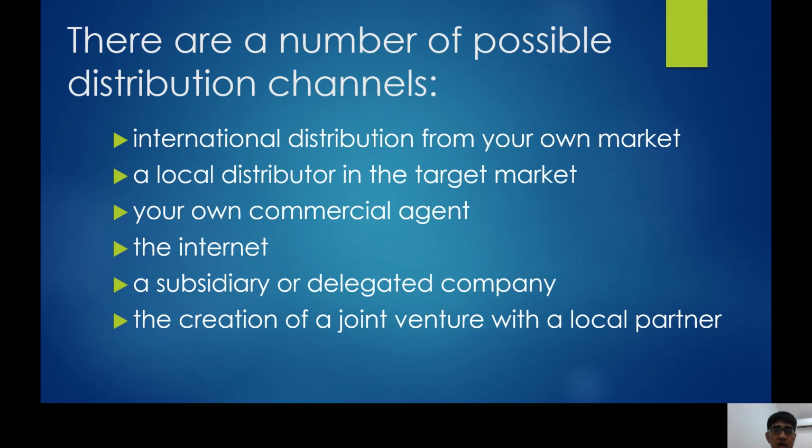And of course, a local distributor in the target market, your own commercial agent. So it's either your own company, kung mayroon kayong subsidiary company that offers distribution or delivery, or your partner talaga. Okay? The internet, which is very uso ngayon, yung mga online marketing, di ba? A subsidiary or delegated company, like what I have said, and the creation of a joint venture with a local partner.